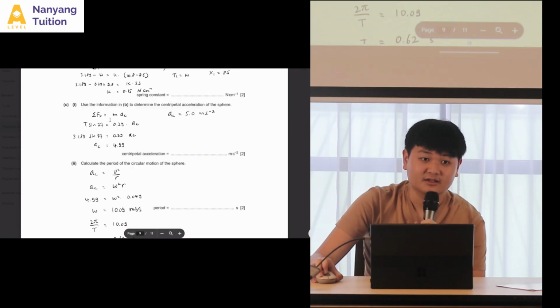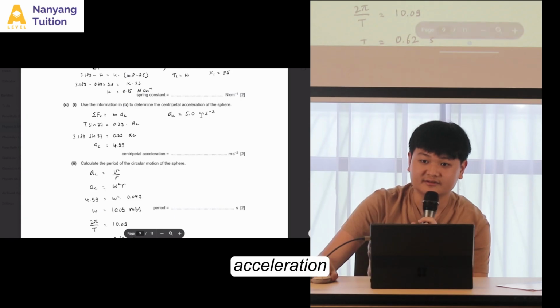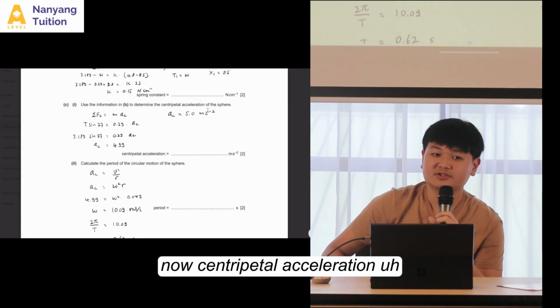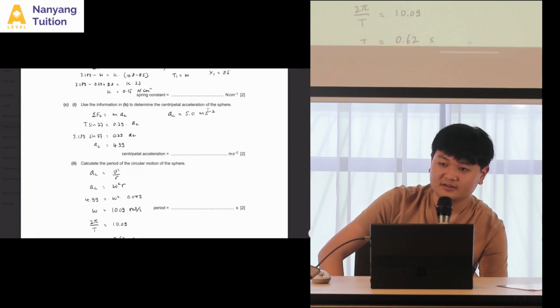5C. Use the information from B to determine the centripetal acceleration. Now, centripetal acceleration, the formula is v squared over r.